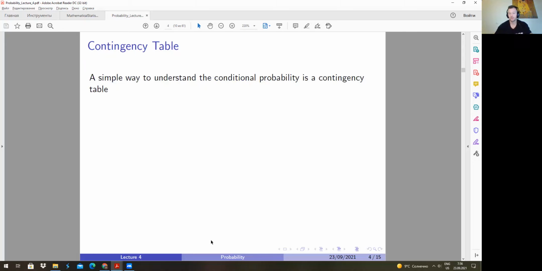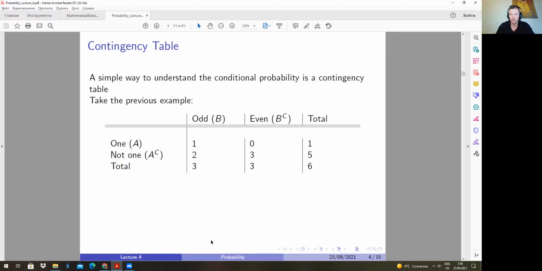So now, another way to work with these conditional probabilities, and I particularly like this tool because it gives you the whole understanding of what's going on, is a contingency table. It's a simple way to understand the conditional probability.